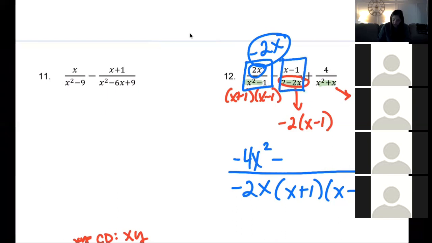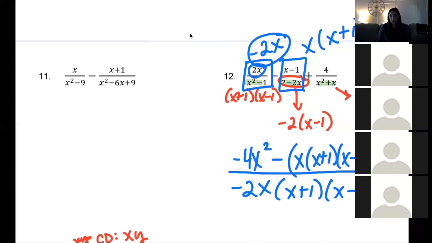My second fraction is missing an x and an x plus 1, so I'm going to put this in parentheses and put x, x plus 1, x minus 1. And if you want to multiply it out, you can, or you can just leave it as is, and we'll multiply it in a minute. And then plus 4 times what's missing, which is negative 2x, minus 1.